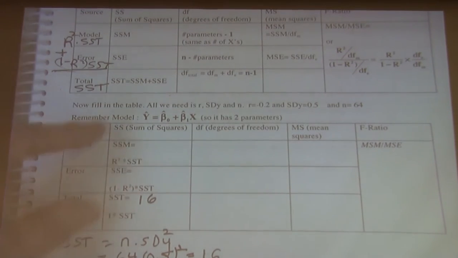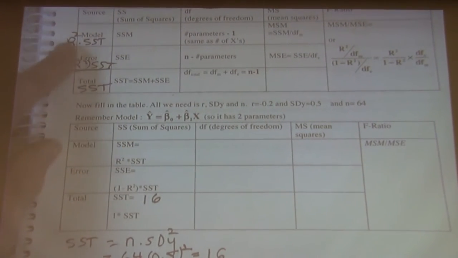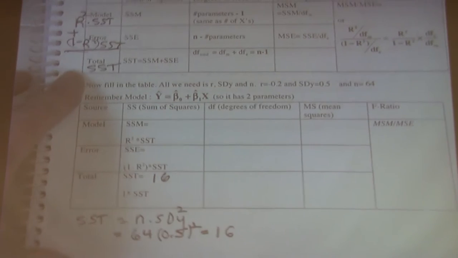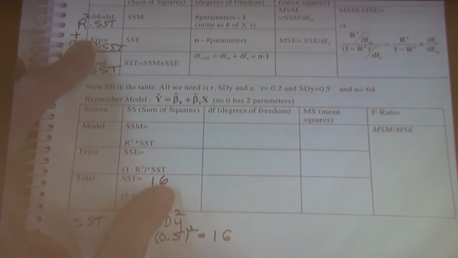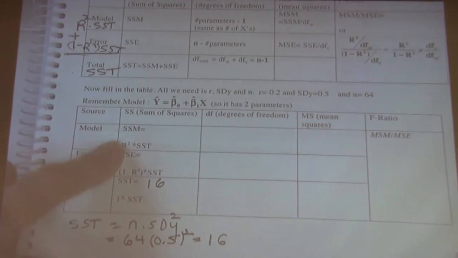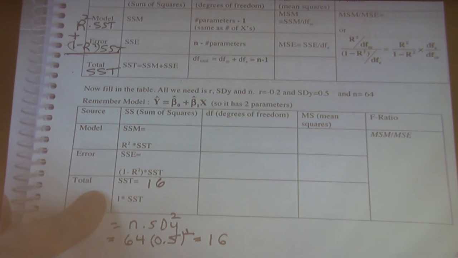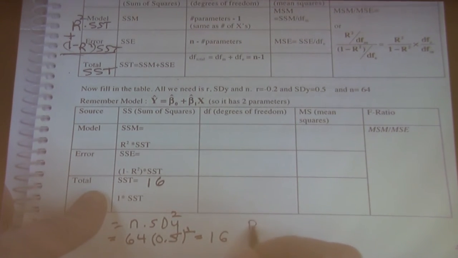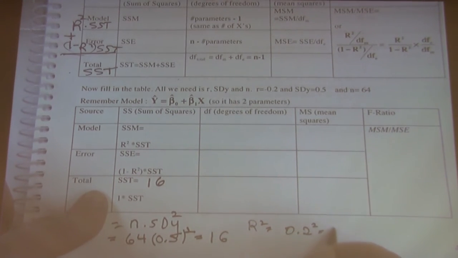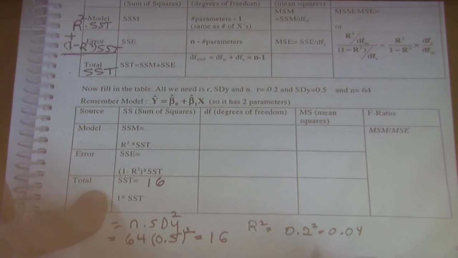So now from that, we said that R squared and 1 minus R squared times 16 is going to be our sum of squares model. And what is R squared? Well, R squared is going to be equal to negative 0.2 squared, which is 0.04.